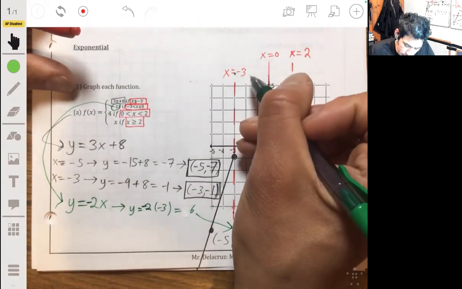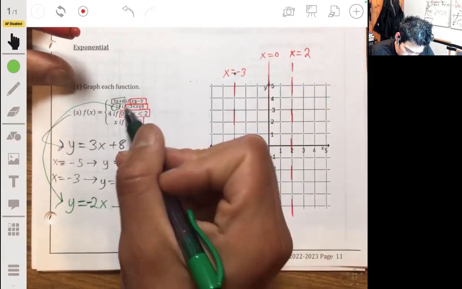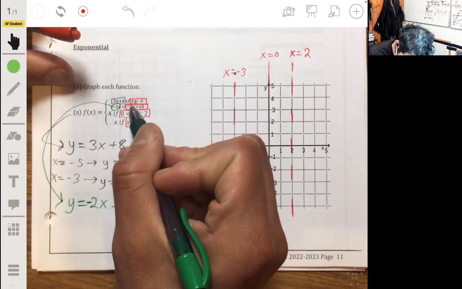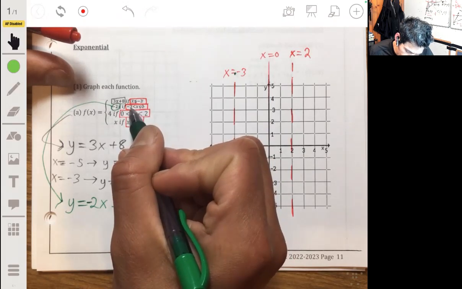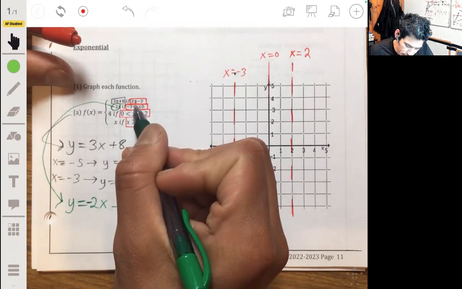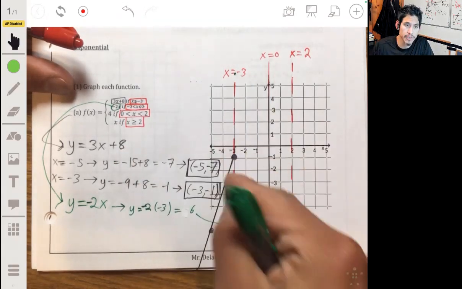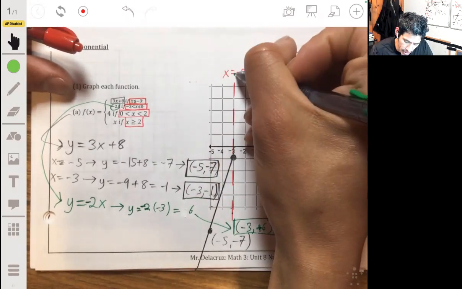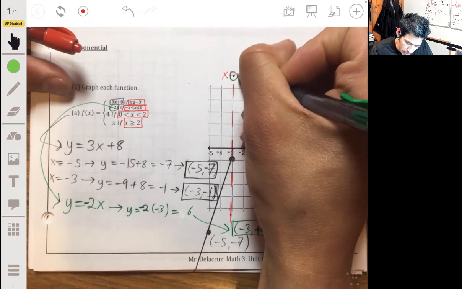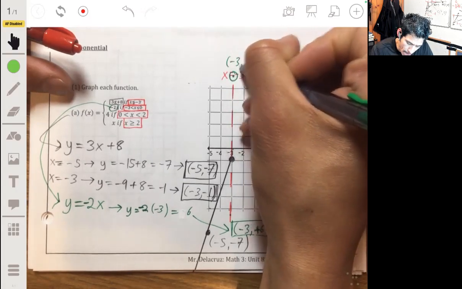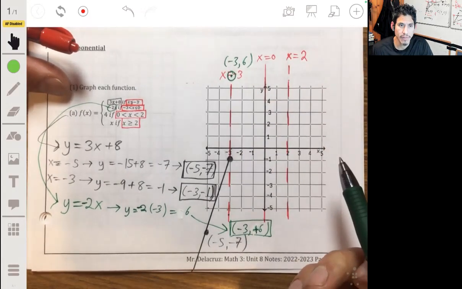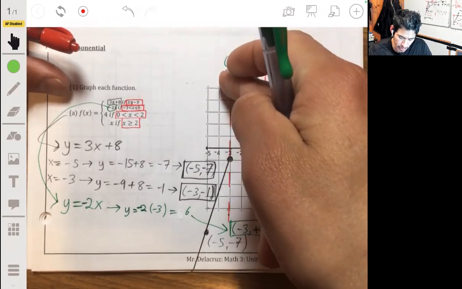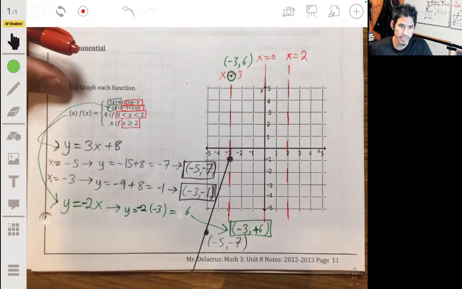Now pay attention to this because this is important. See how it says -3 without, we're not including -3 on this interval. We're saying x is greater than -3. We already included -3 on the first interval with that solid dot. So over here at -3, 6, we're going to put an open circle like that because we're not going to include it. And then from there to the right, we're going to have solid dots.